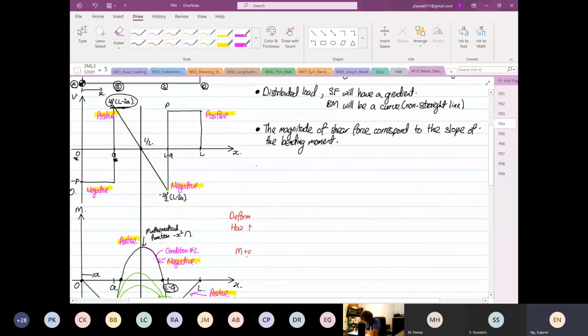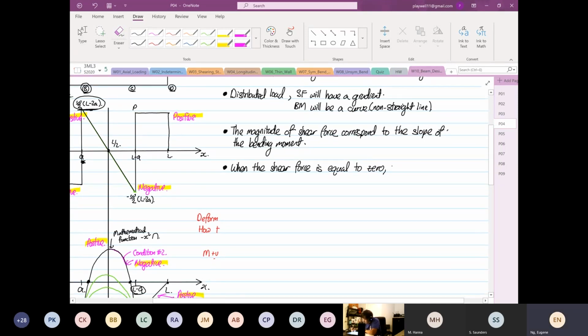When the shear force is equal to 0, there is a possibility that the bending moment is at its maximum.